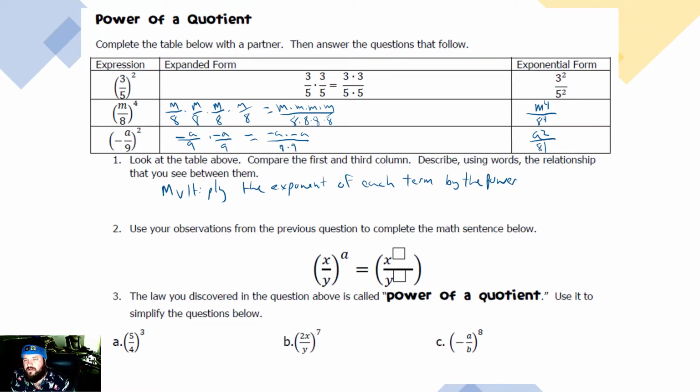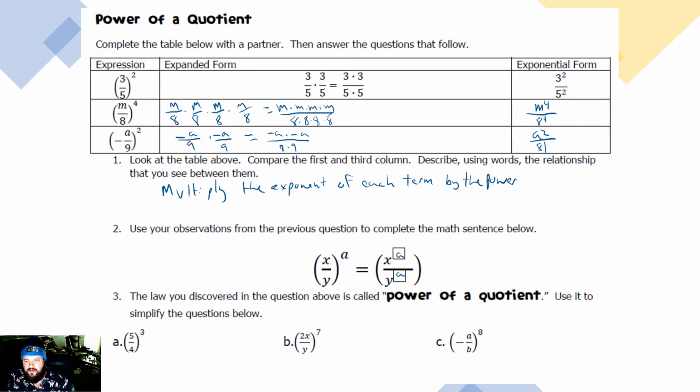So as we saw in our observation here, x divided by y raised to the power of a is attributing that a to the x and the y. So we have x to the a divided by y to the a.